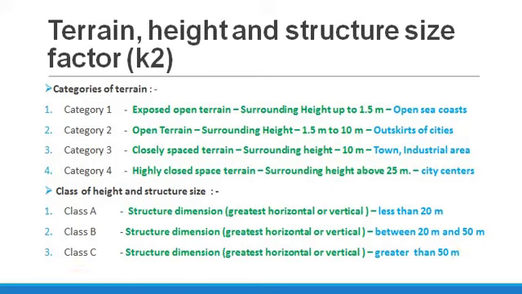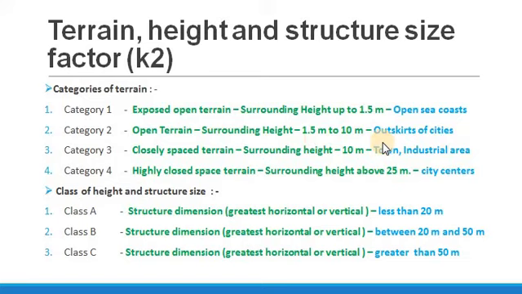In the same way, the category of terrain is category 1 to 4. If it is the first category, it is a case of exposed open terrain, surrounding height up to 1.5 meter, and an open sea coast. Category 2, open terrain, surrounding height 1.5 meter to 10 meter, outskirts of city.